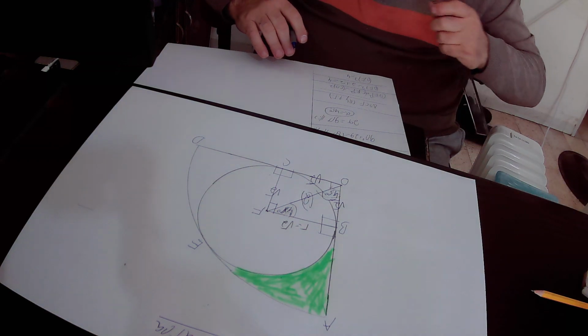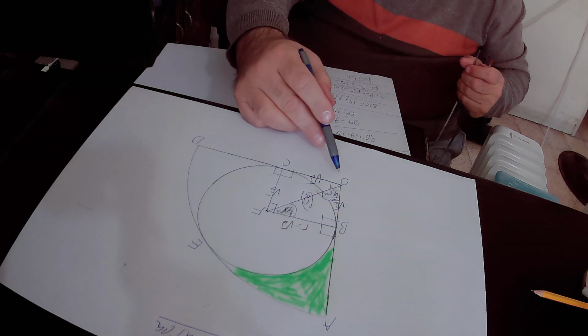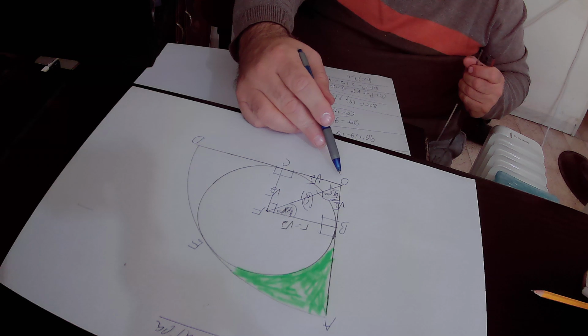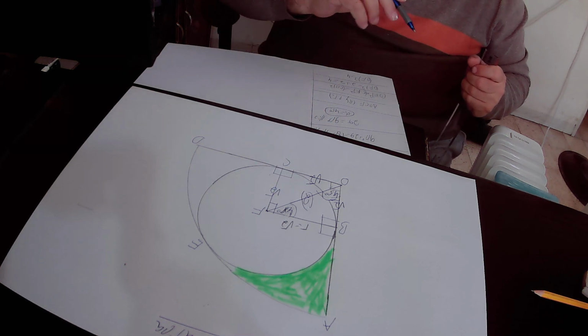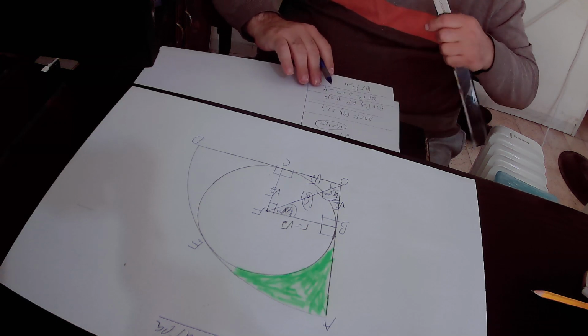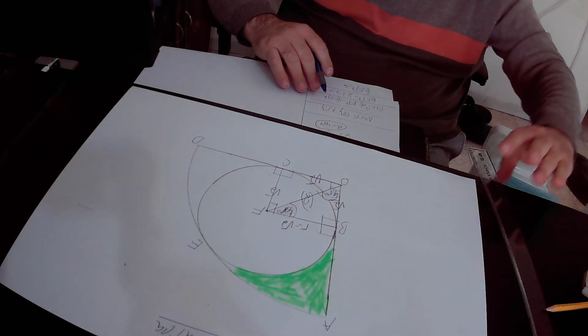In the next step, we will extend the hypotenuse OF, or we'll extend the segment OF by a straight line. But before that, I will present to you rule 9.